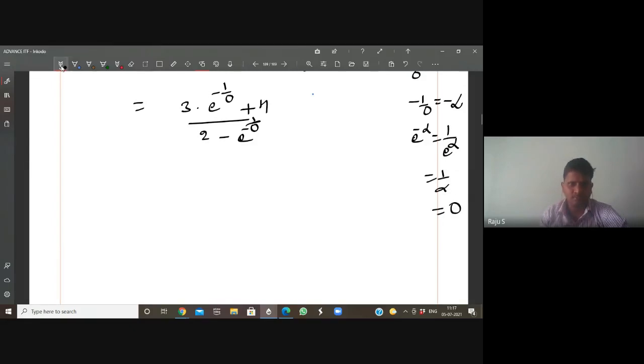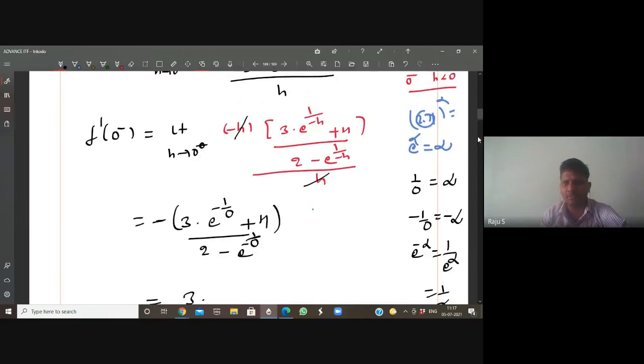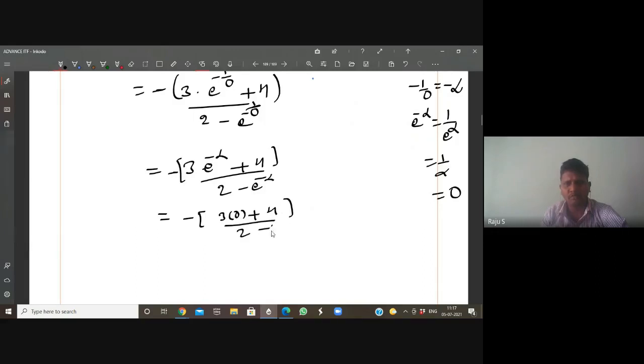The minus outside is already there, since the h got cancelled, the minus will be there. So minus of 3 times e to the power of minus infinity, plus 4, by 2 minus e to the power of minus infinity. E power minus infinity is 0. So minus of 3 into 0 plus 4, by 2 minus 0. That is nothing but minus 2.